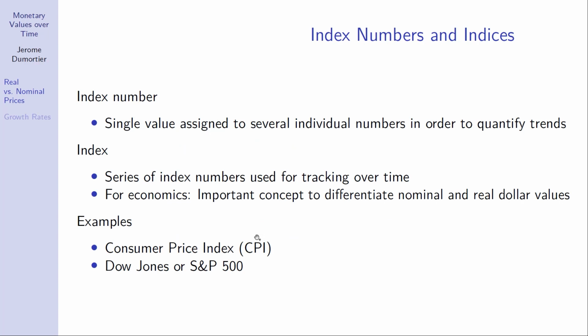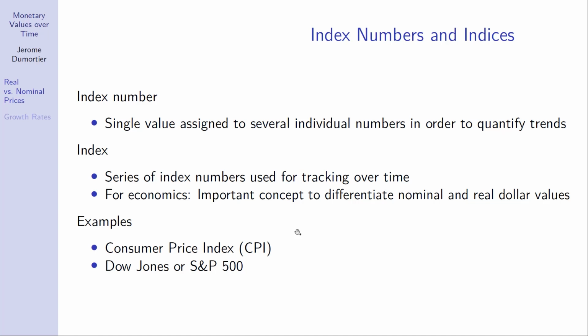Now, before we start to assess how we can actually make the calculations going from nominal terms to real terms, let us first have a look at what are called index numbers and indices. Now, an index number is a single value assigned to several individual numbers in order to quantify trends. Think about, for example, your GPA or your semester GPA.